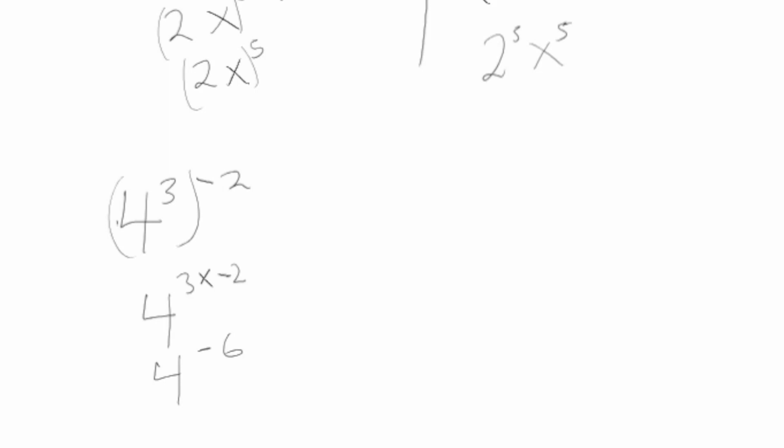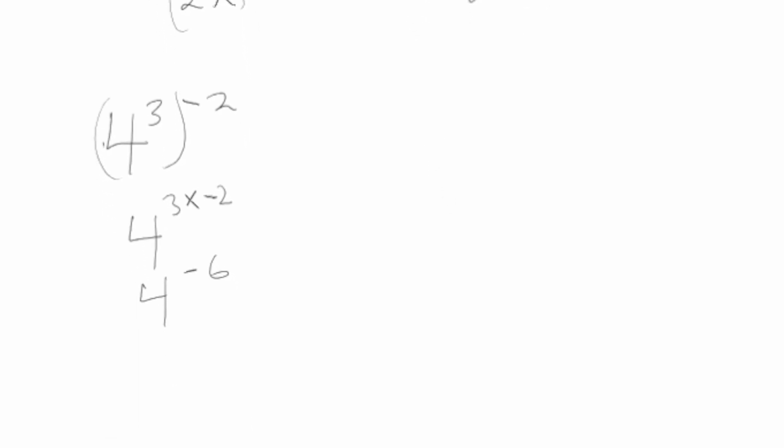And 4 exponent negative 6 could be written as 1 over 4 exponent 6. If you put 4 exponent 6 in the calculator, you're going to get 1 over 4096. That is what this answer is going to be.